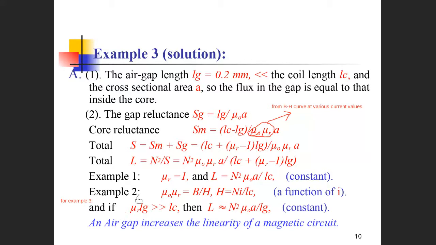If the product of mu r times Lg is much larger than this value, then this term can be ignored. Then mu r will cancel, and you will get a value like this.